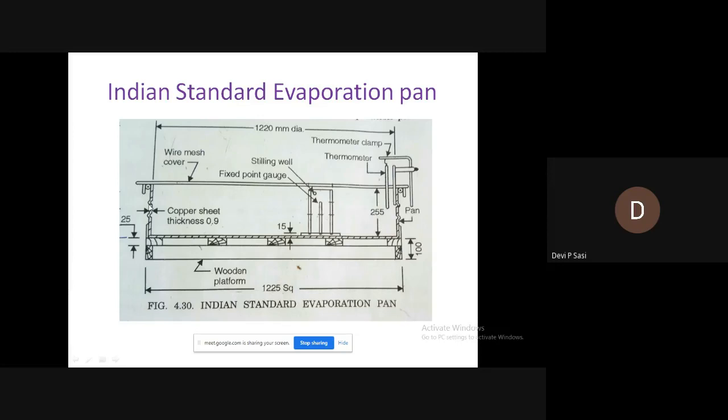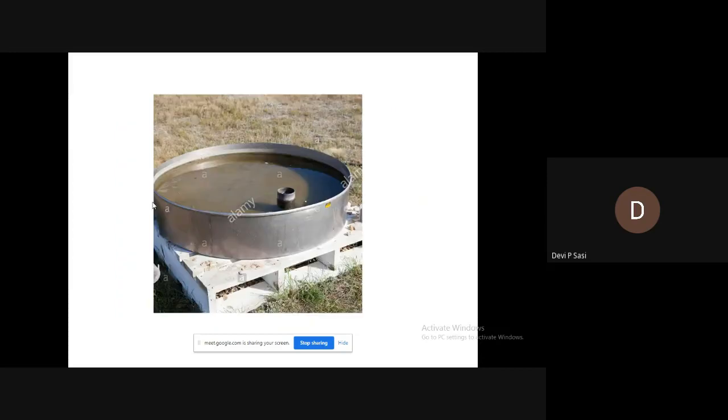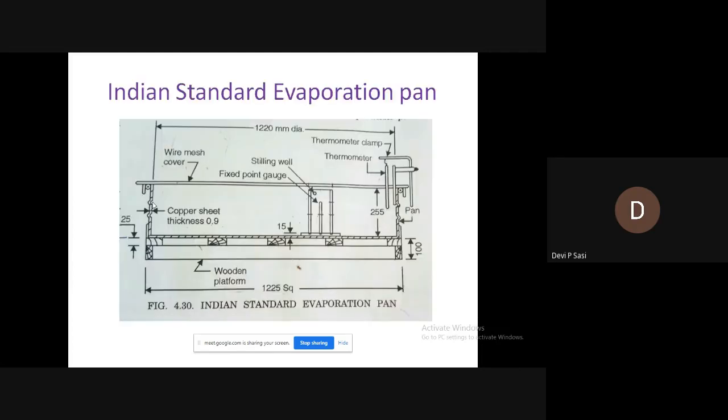Here you can see a copper sheet of thickness 0.9 mm and hexagonal wire netting, all of galvanized iron mesh. This is actually the photograph of an evaporation pan and this is the cross section.